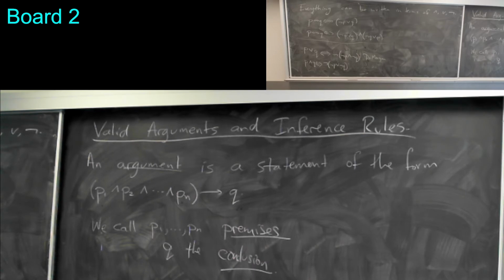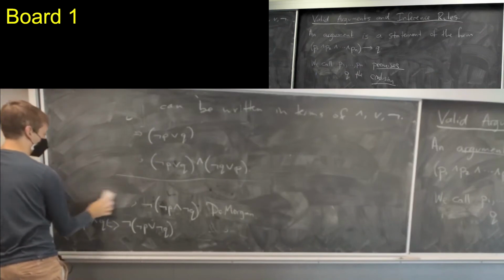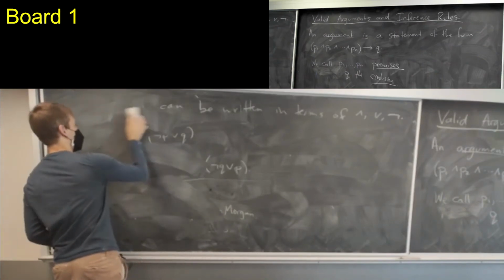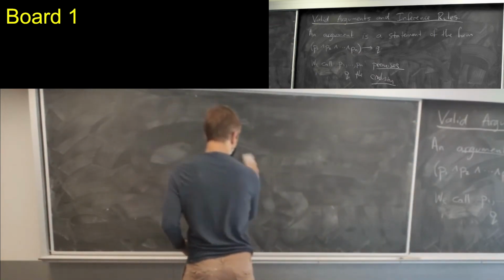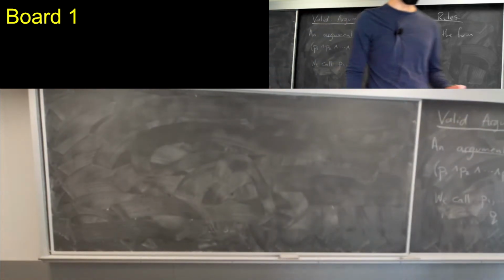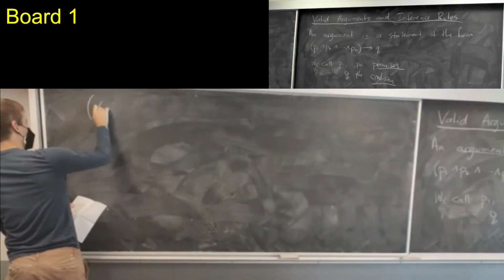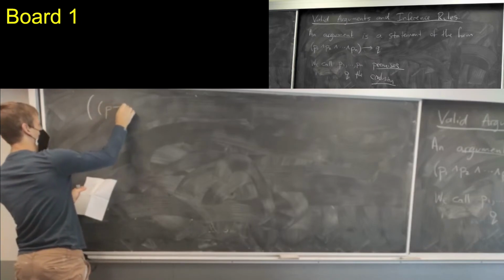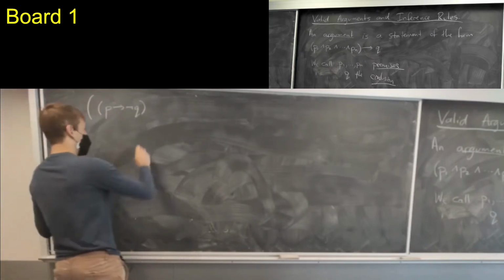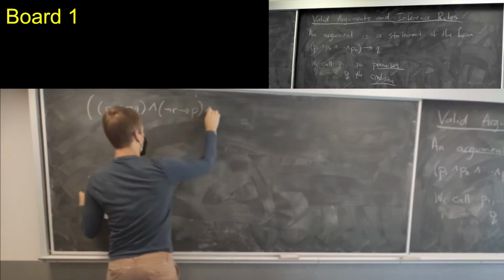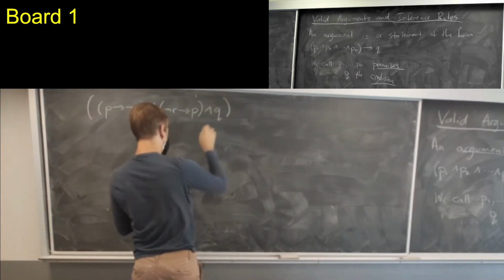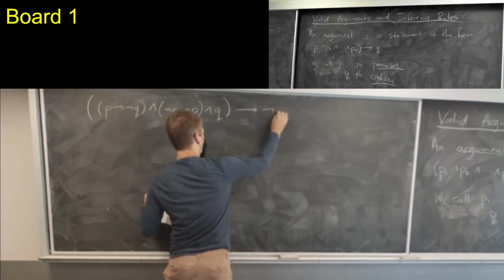For example, I could take something where the first premise is P implies not Q. The second premise is not R implies P. The third premise is just Q. And my conclusion is not R.